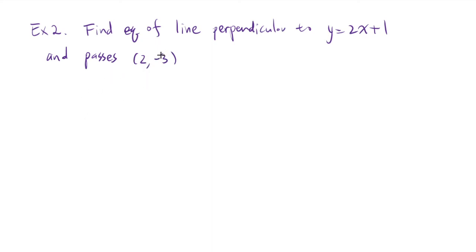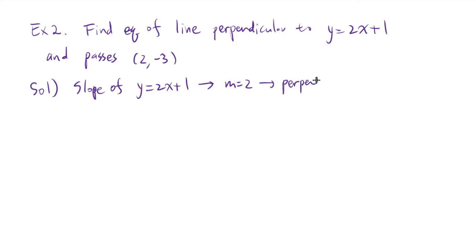Let's try this. First, the slope of y equals 2x plus 1. This is the slope intercept form, and we learned that the coefficient of x is the slope. So we know that the slope is 2. Therefore, the perpendicular slope is the negative reciprocal. So you take 1 over 2 and put a minus in front. Okay, so that's the perpendicular slope.